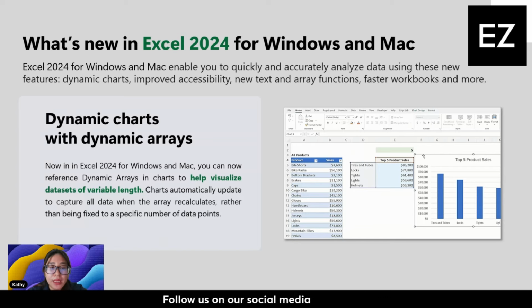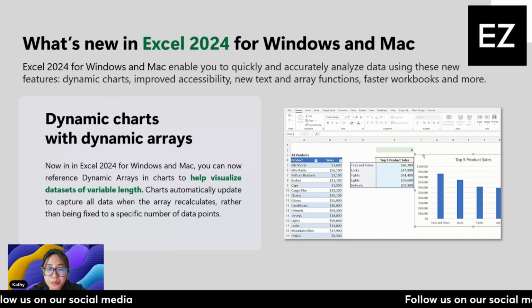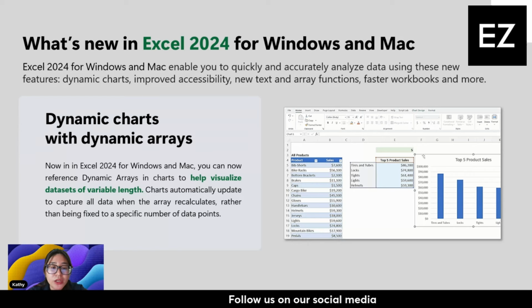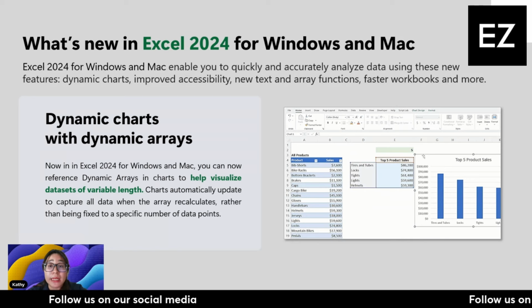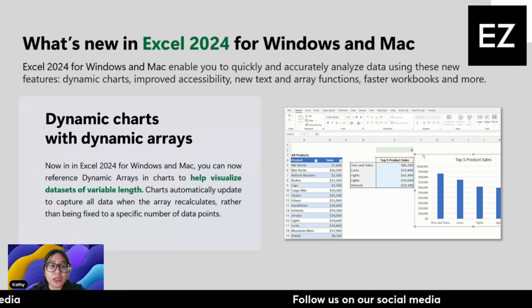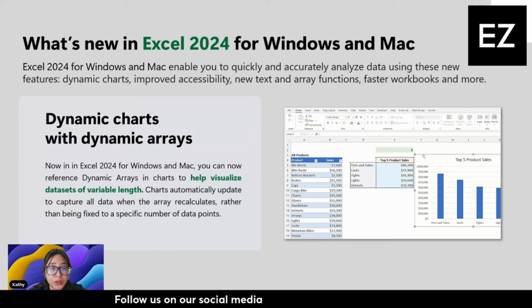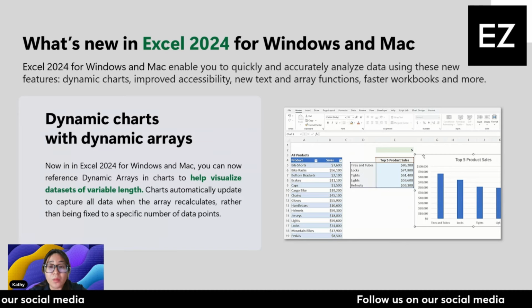So you have all your raw data, and as you change the data, the chart will automatically update on its own. I think that's pretty convenient, especially when you're multitasking and working with all of the numbers in Excel. I think this will definitely help a lot.